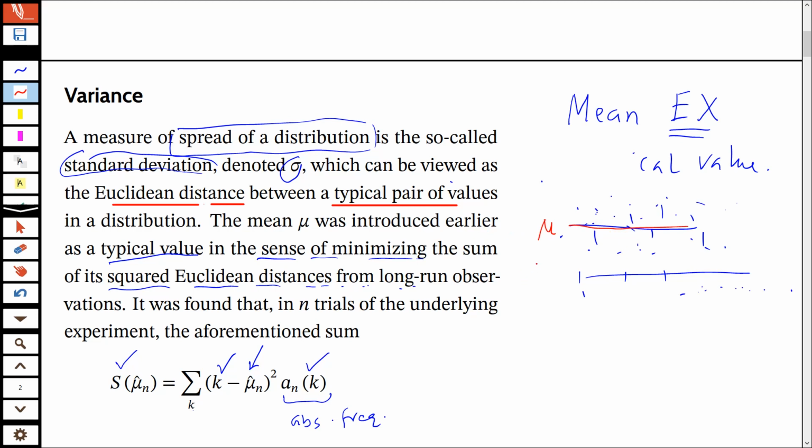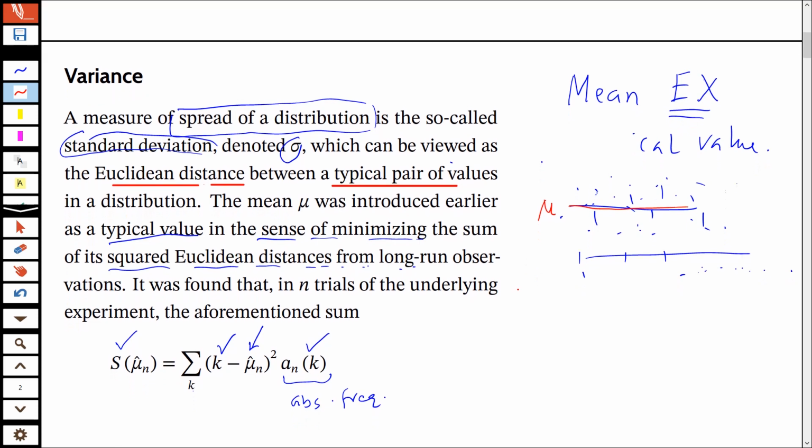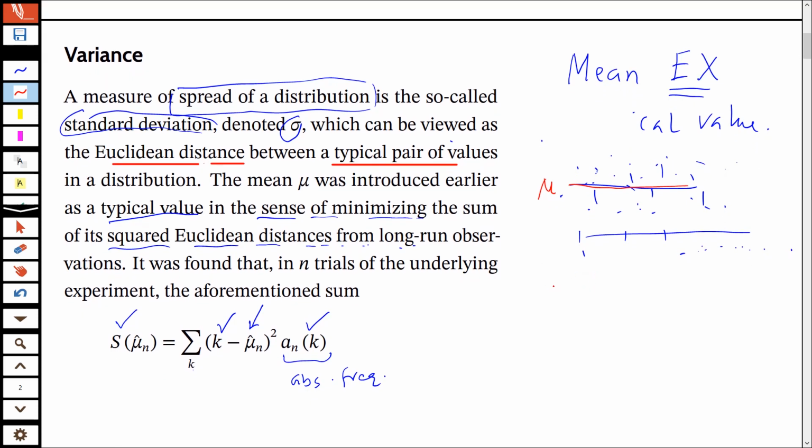Now, what will be that typical pair? So I am looking for a pair of values which can be used as representative of all the possible pairs, and the distance between those 2 points will be my standard deviation. That standard deviation will be used as a measure of spread. Now, if you are careful, I already know one of the components of this pair, and that is the mean.